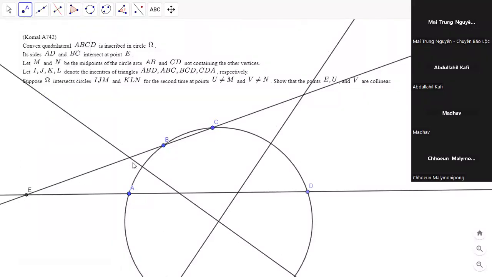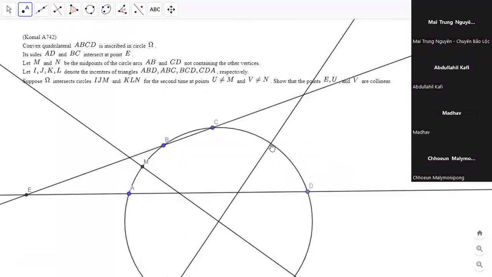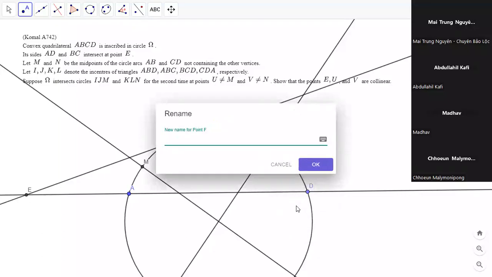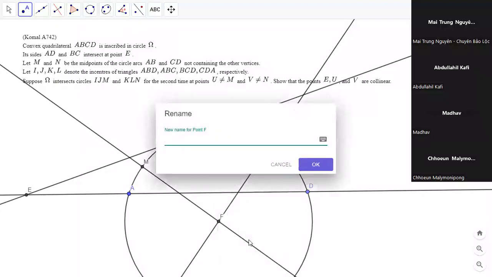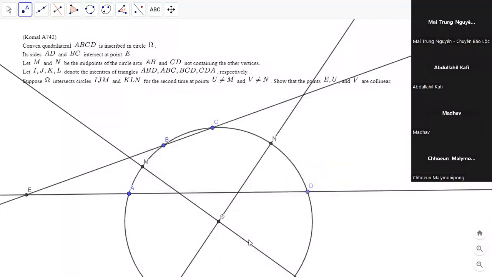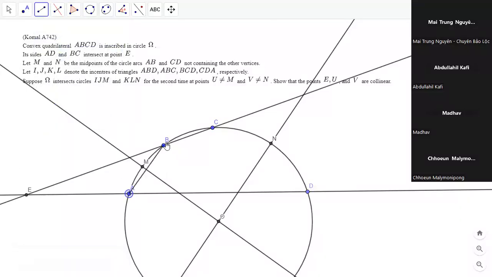So this is E. This is M. And this is N. And these pass through the, I might as well draw O. I, J, K, L are the incenters of ABD, ABC, BCD, and CDA. So a lot of incenters here. Basically every possible triangle you could have. So I am going to draw those.